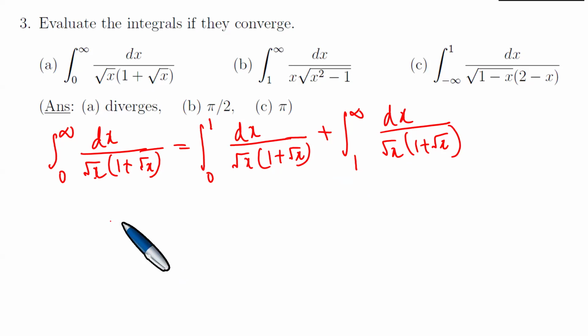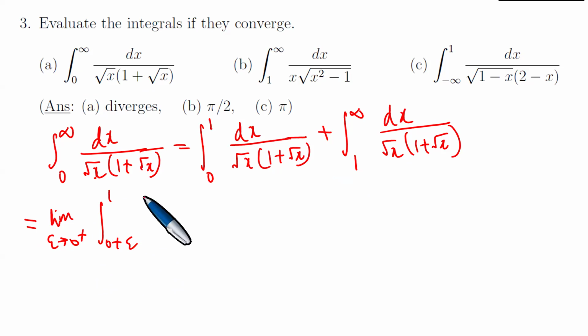It's defined. And then you can take the limit as epsilon approaches 0 from the right of 0 plus epsilon, and then we have dx divided by 1 plus the square root of x.